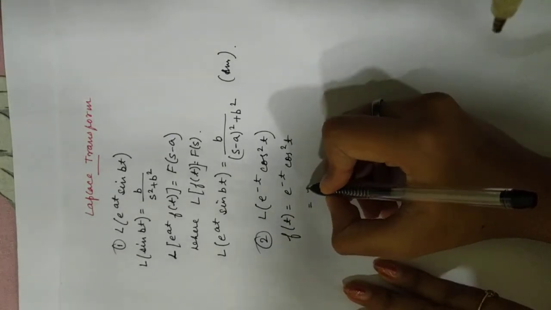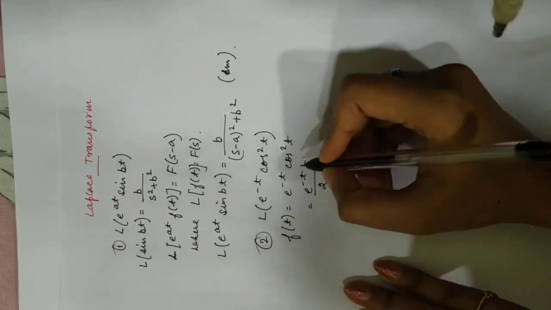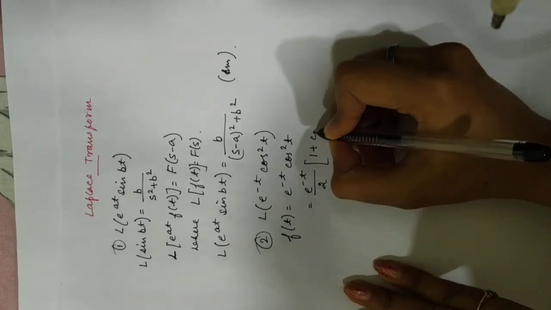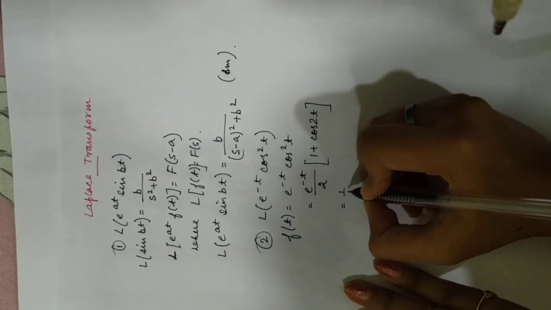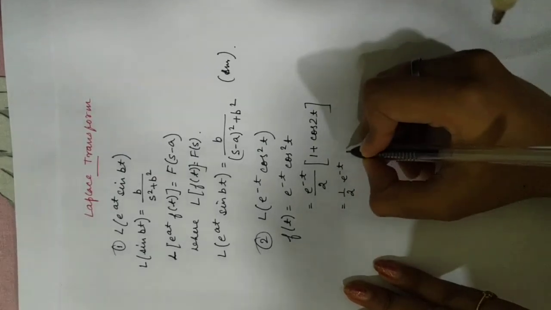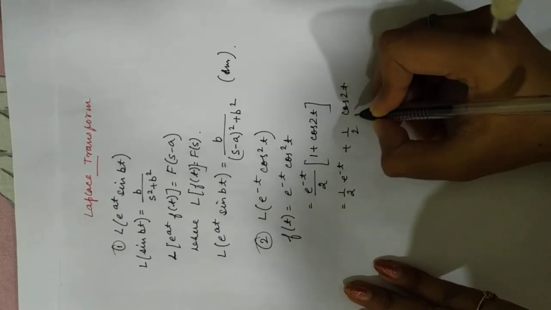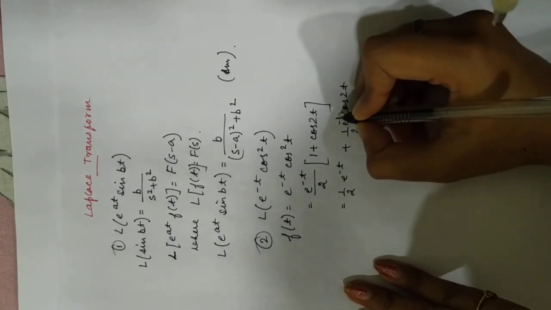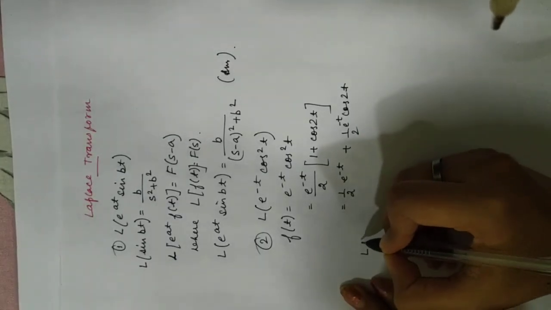So we just need to apply that. e to the power minus t by 2, where 2 cos square t is equal to 1 plus cos 2t, right? So our function becomes e to the power minus t plus half cos 2t e to the power minus t, right? So now all you need to do is find the Laplace transform of this.